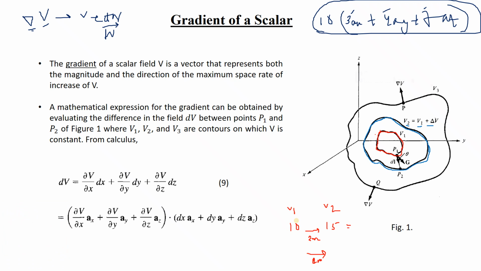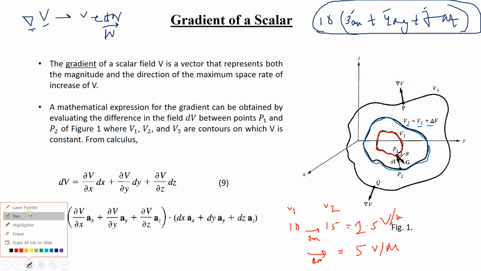So this potential difference means I am jumping from V1 to V2. If I travel by 2 meter, then my change in potential will be 2.5 volt per meter. But if I travel 1 meter distance, that means the shortest path, then my rate of increase of potential will be 5 volt per meter.